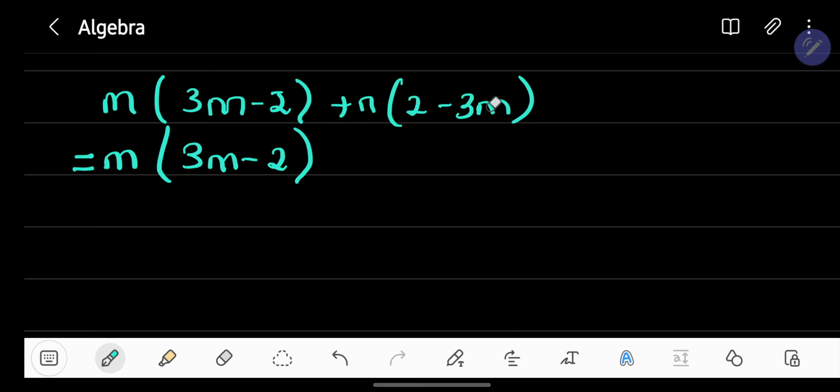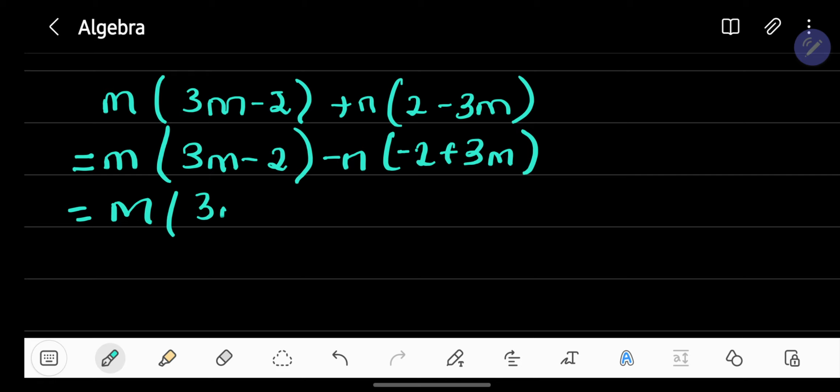Now here you see we are applying the sign change, which is minus n, open bracket. This 2 was positive, it's going to be negative 2. This minus 3m was negative, now it's going to be positive 3m. You close the bracket, right? It equals m into 3m minus 2, minus n, and then minus 2 plus 3m.